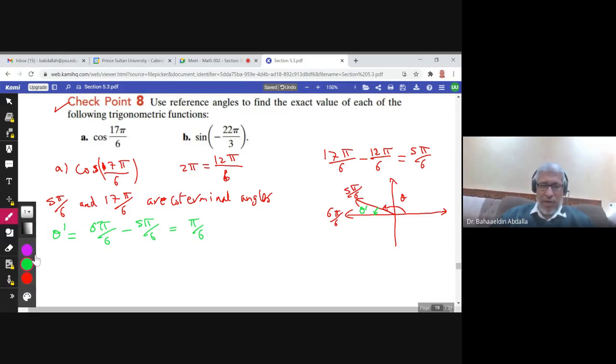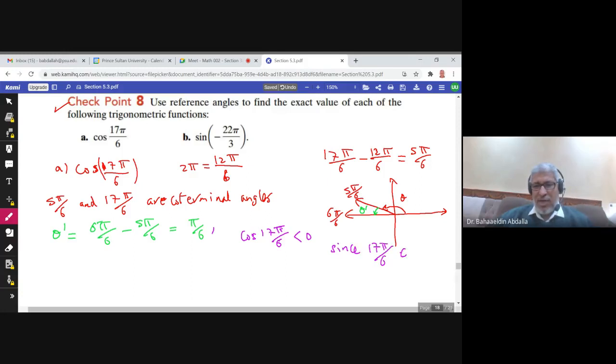Good. So now, before that, let me check in the second quadrant what happens to cosine. Okay. Cosine 17 pi over 6 or 5 pi over 6, the same, is less than 0 because cosine in the second quadrant is negative, since 17 pi over 6 lies in quadrant 2, which 5 pi over 6 also lies in quadrant 2.